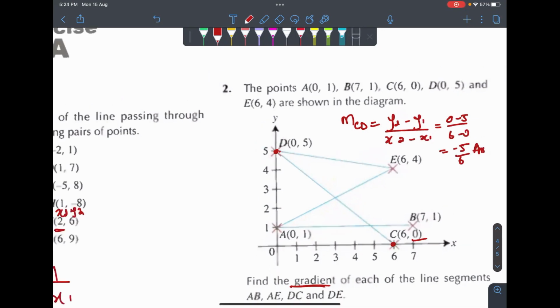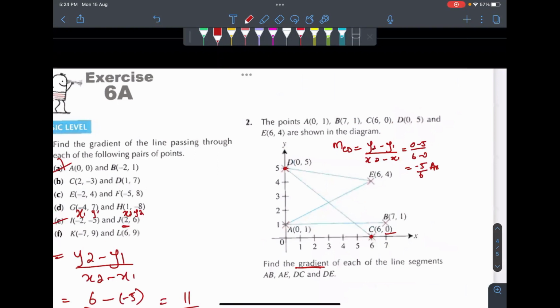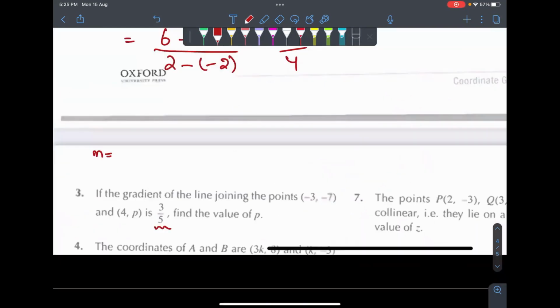Look at question 3 now. In question 3, your gradient is given. So first I write the formula: gradient equals y2 minus y1 upon x2 minus x1. Let's put in the values. I have the option, so I will choose this as x1, y1.